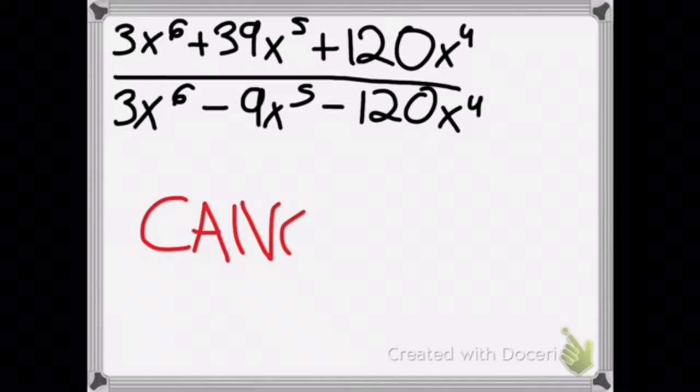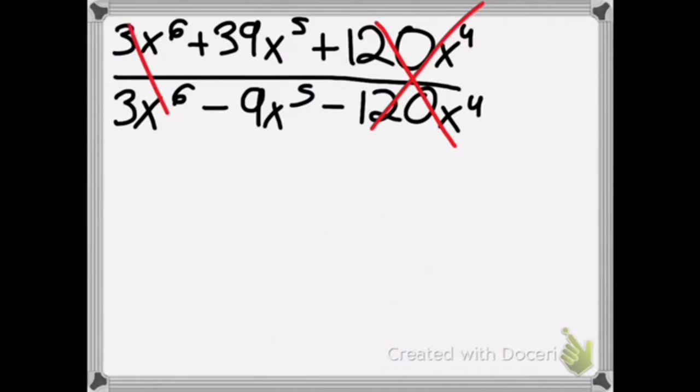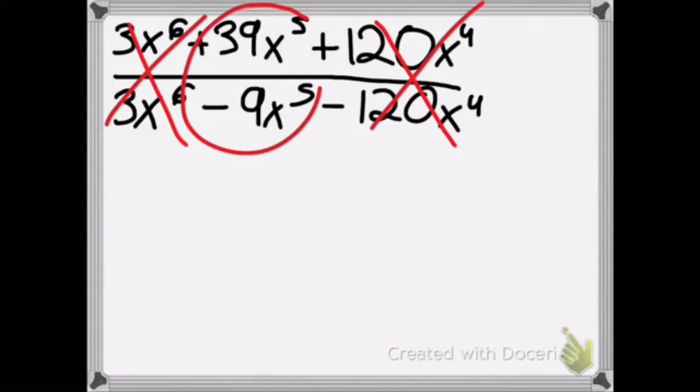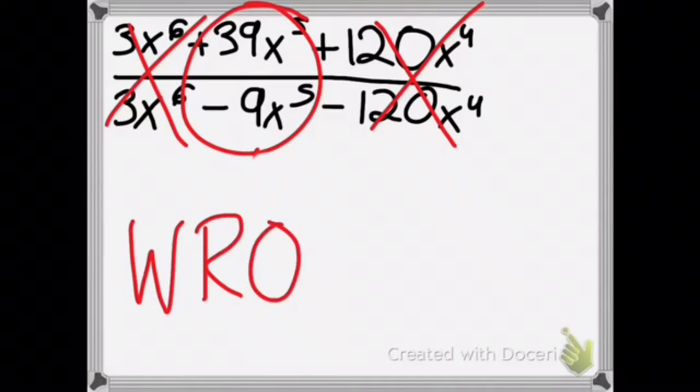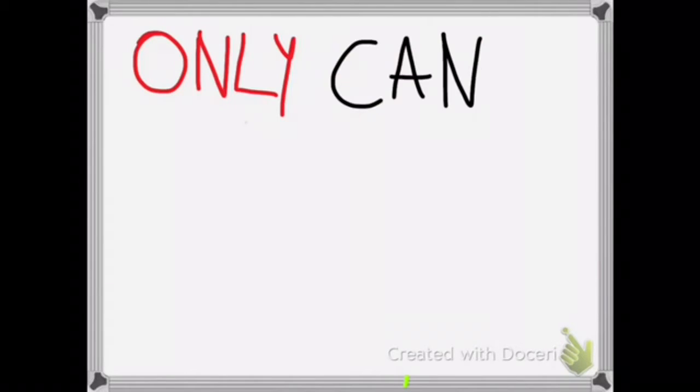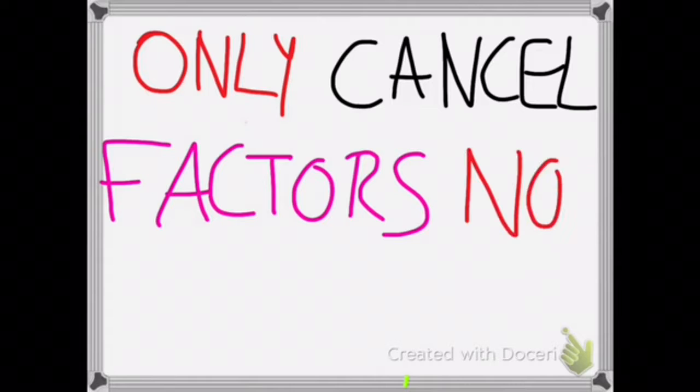The first thing we need to do is to cancel terms. You may think, oh, it's easy. Just cancel 3x elevated to the 6th power or 120x elevated to the 4th power. They appear on the top of the division and on the bottom. And what is left is the result, but that is completely wrong. Remember only to cancel factors, not terms.